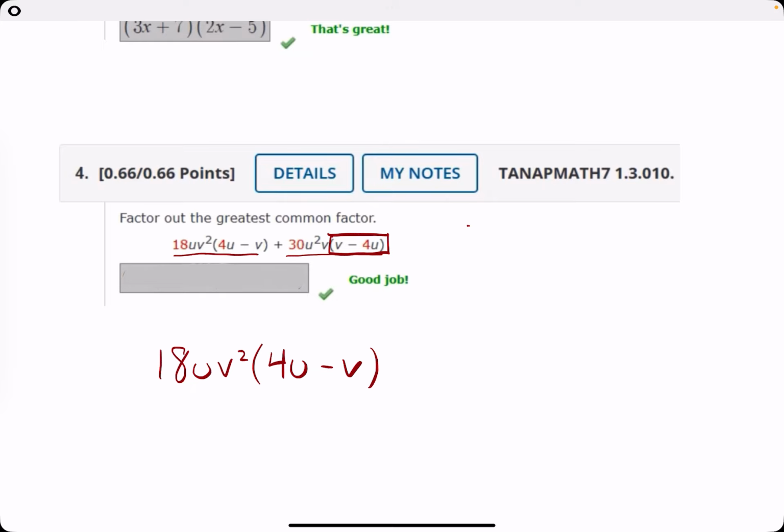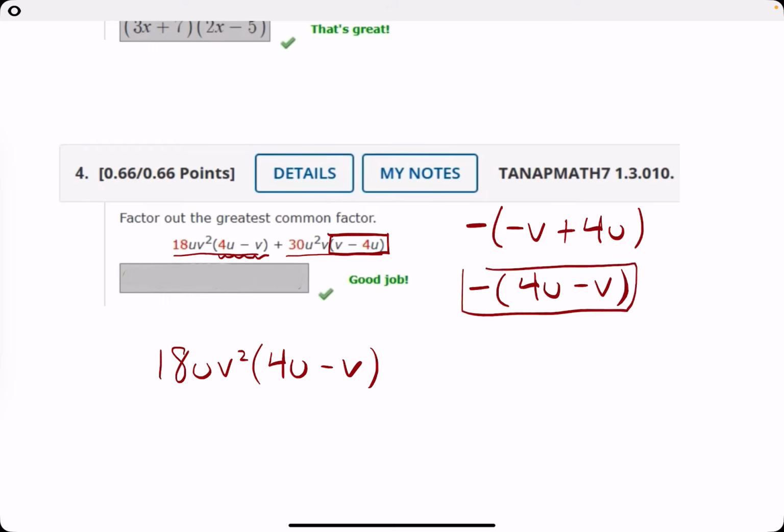I'm going to factor out a negative, so it becomes minus v plus 4u, because that's the same thing as 4u minus v. I'm doing that intentionally so it matches this 4u minus v. Okay, so I'm basically going to replace this right here with this.